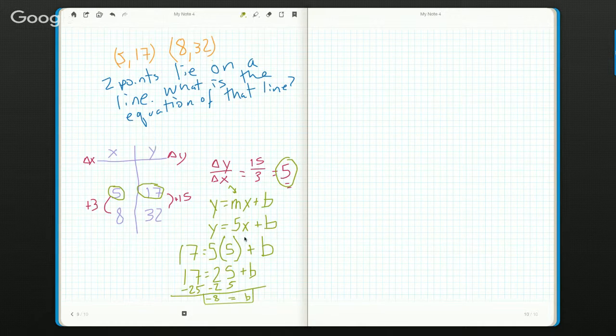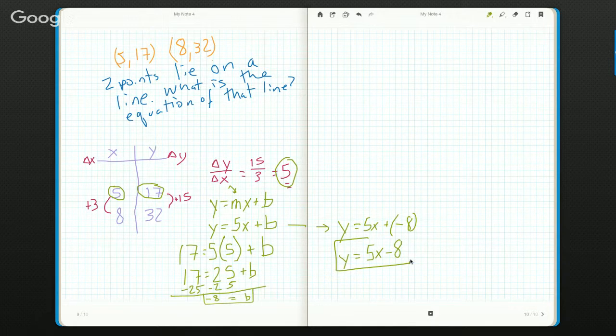So if b is equal to -8, I can take my formula and write it like this: y is equal to 5x plus a -8. And that's the same thing as y equals 5x minus 8. And there is our formula.